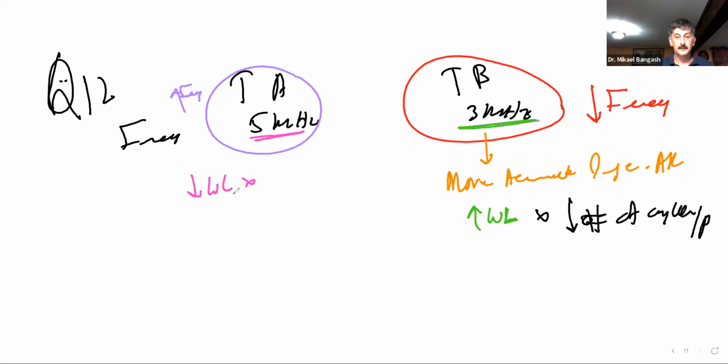But that may actually produce pulses with a greater number of cycles per pulse, which means the product of these two will be a lower spatial pulse length here, whereas this one here will be a greater spatial pulse length.